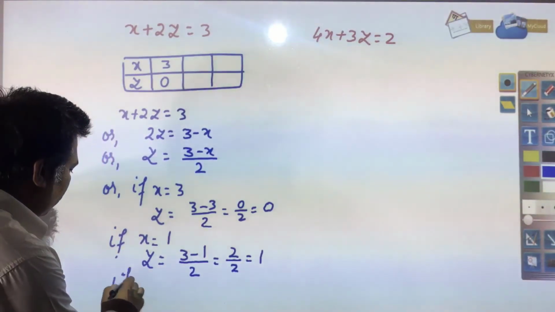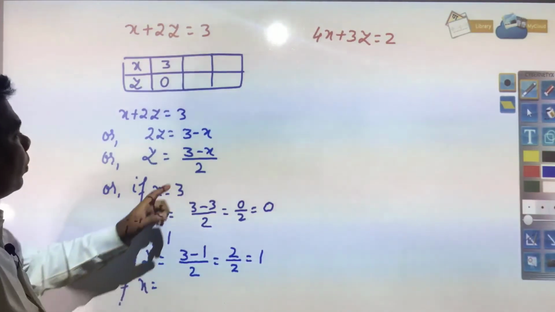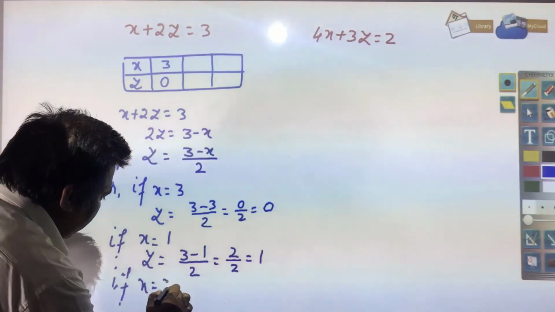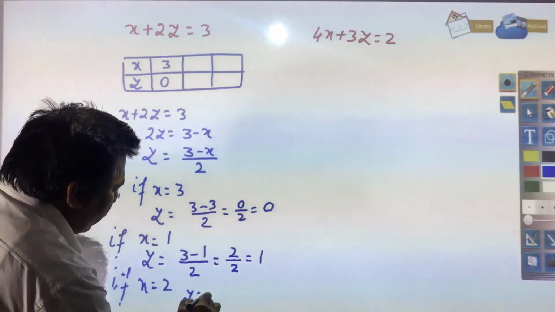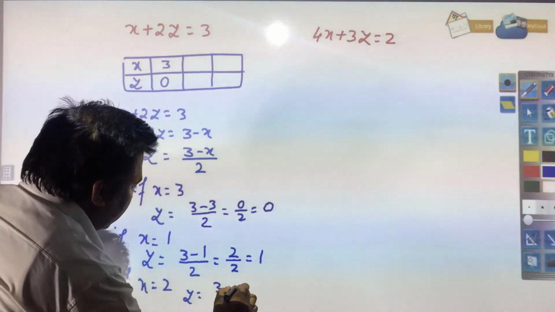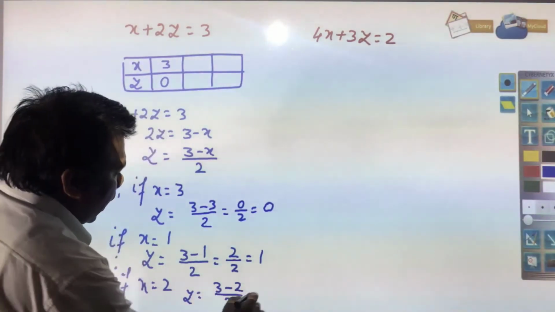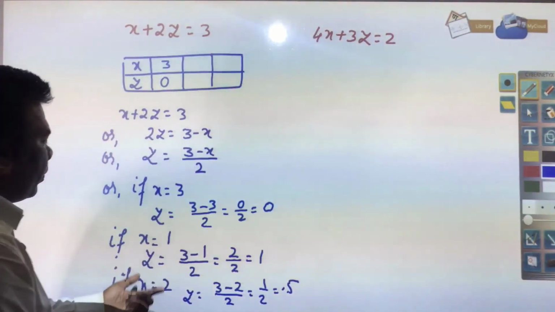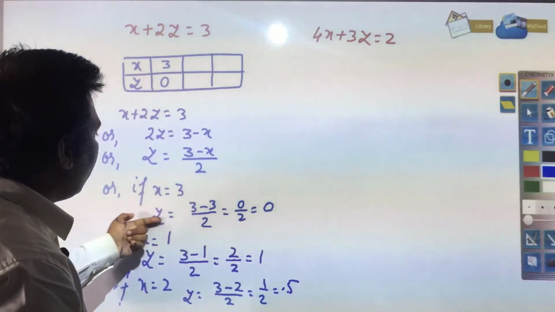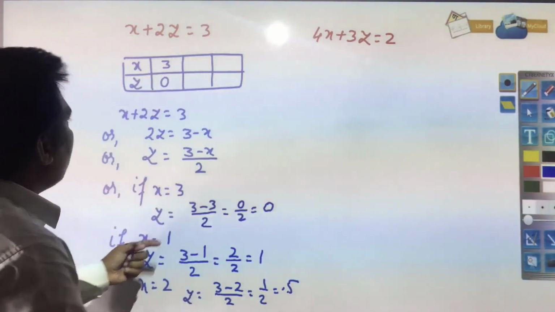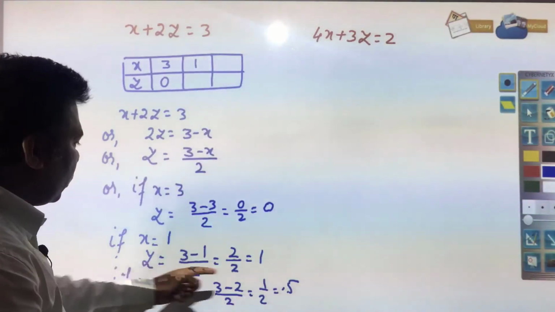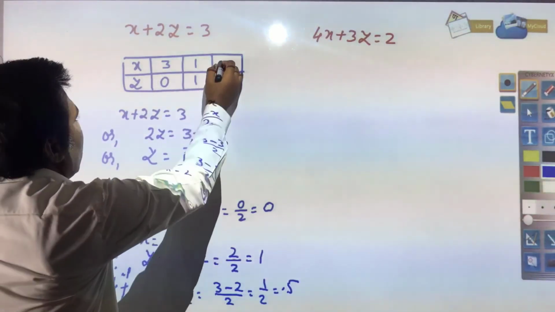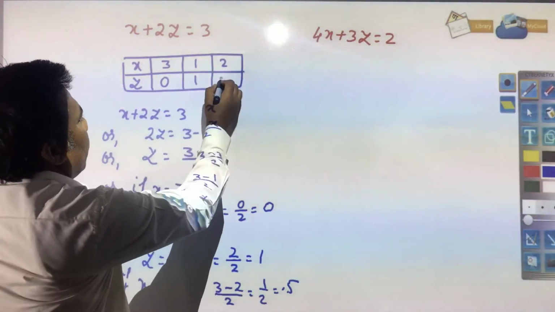And if you put x is equal to 2, then y will be equal to (3 minus 2) divided by 2, and this will be 0.5. So, here you have x is equal to 3, then y is equal to 0; x is equal to 1, then y is equal to 1; and when you put x is equal to 2, you get y is equal to 0.5.